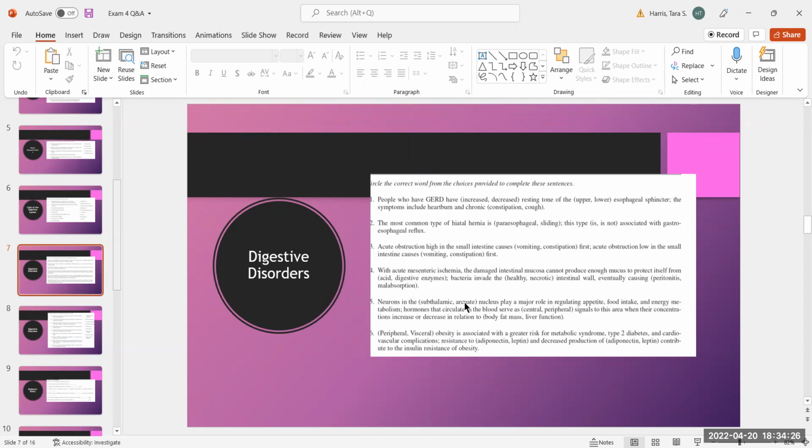It's all around the gut and the waistline. Visceral obesity is resistant to leptin. Then there's a decrease in either leptin or adiponectin, insulin resistance in obesity. This part will not be on your exam. Just know that visceral obesity is associated with greater risk for patients that have metabolic syndrome. Okay.